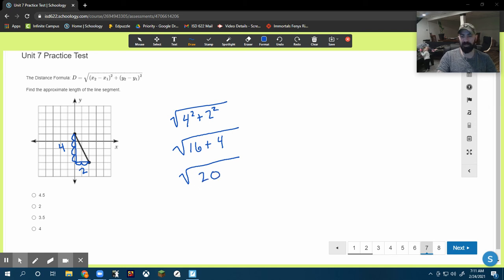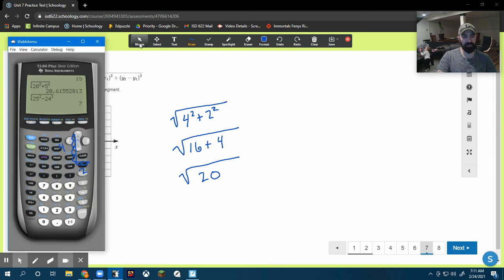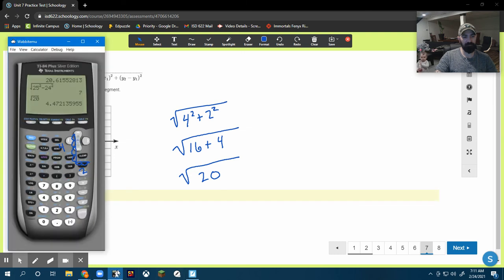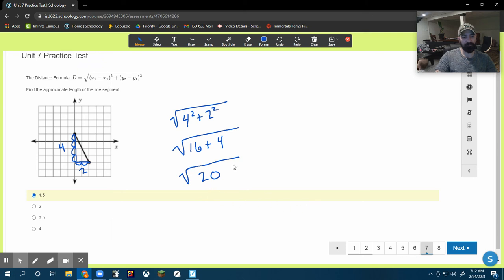So if you don't remember how to estimate, you can bust out your calculator and do the square root of 20, which is 4.4721, which we would round to 4.5. We were finding the approximate length of the segment.